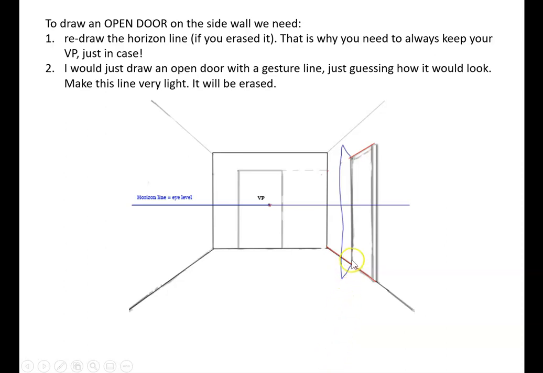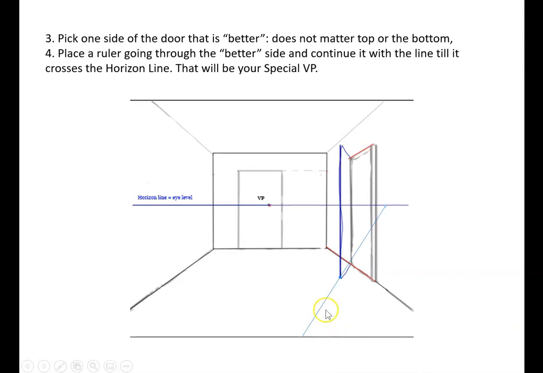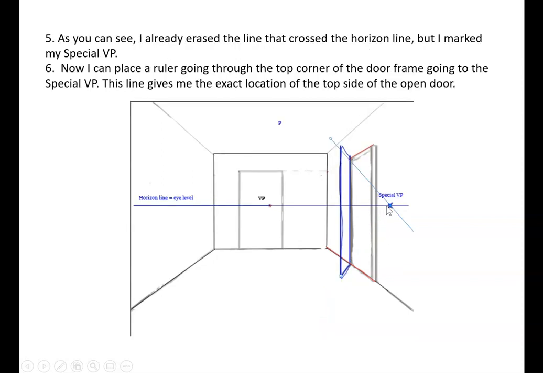And then whichever line looks better to you. For me, I chose the line of the bottom, this one. And I would put my ruler and see where this line touches the horizon line. Wherever this line touches the horizon line, I would make it the special vanishing point.